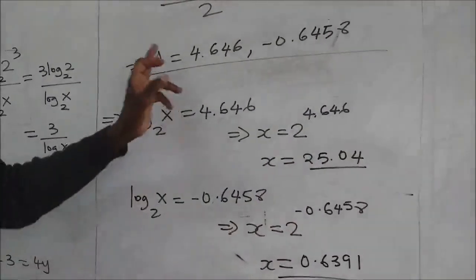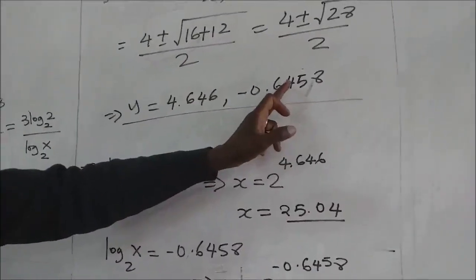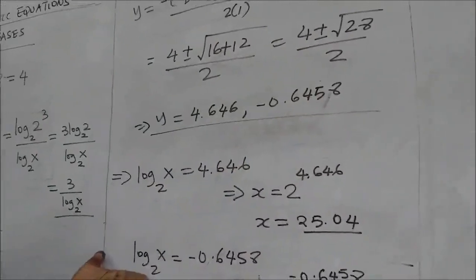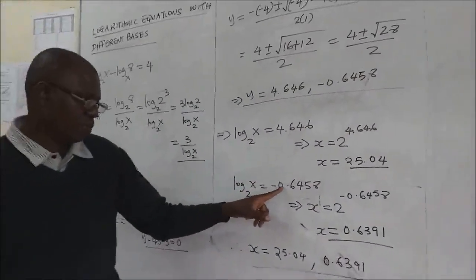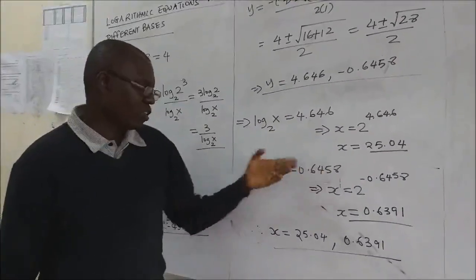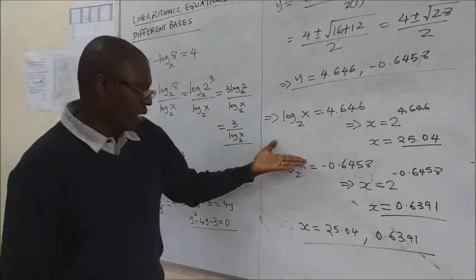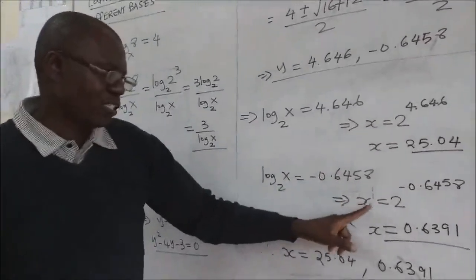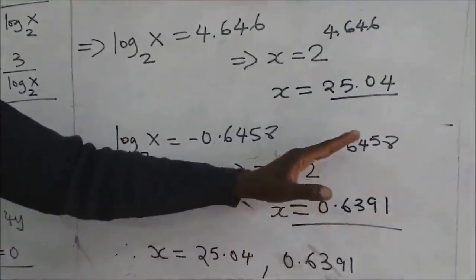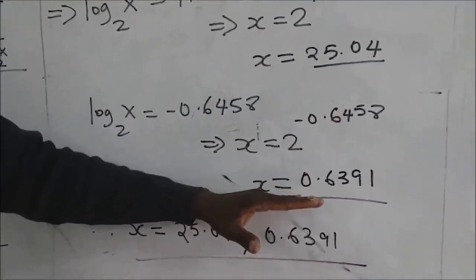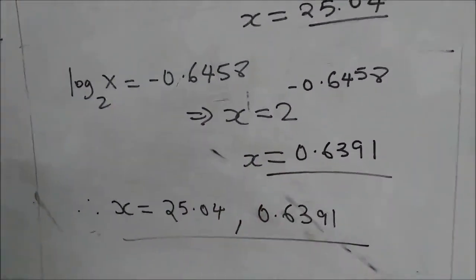Next, when y is negative 0.6458, we have log x base 2 equals to negative 0.6458. This is a logarithmic form, and we convert it to exponential form, and we have x equals to 2 power negative 0.6458, and that simplifies to x equals to 0.6391.